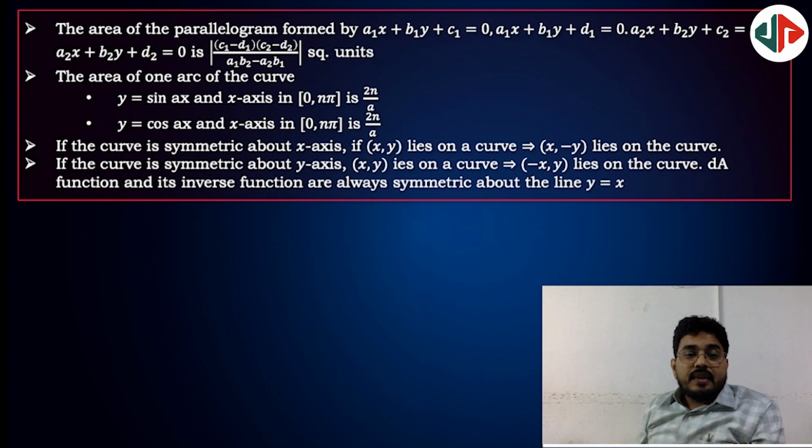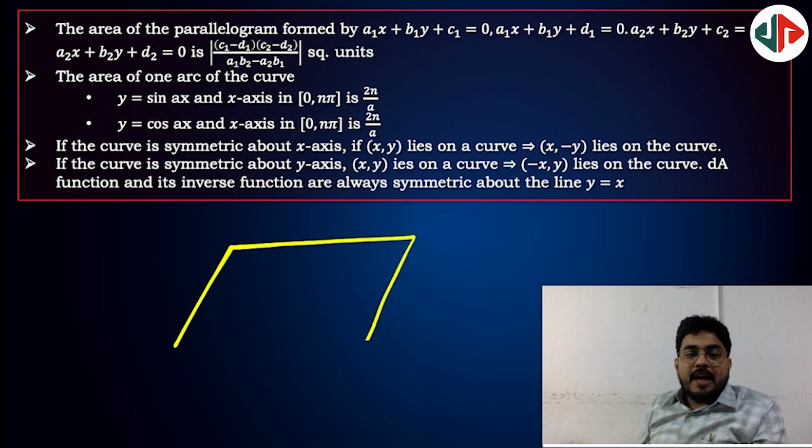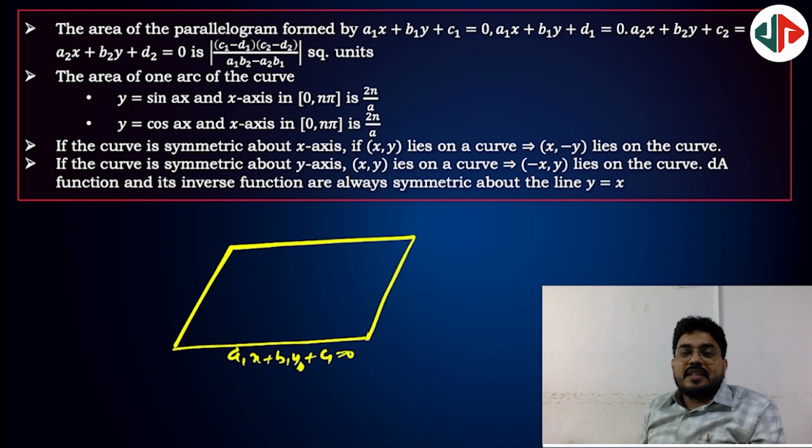next, this is a parallelogram. This line is a1x plus b1y plus c1 equals 0, and here a1x plus b1y plus d1 equals 0. Similarly, the other pair will be there.